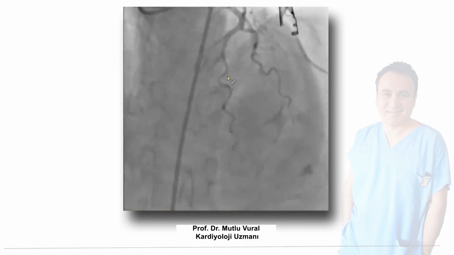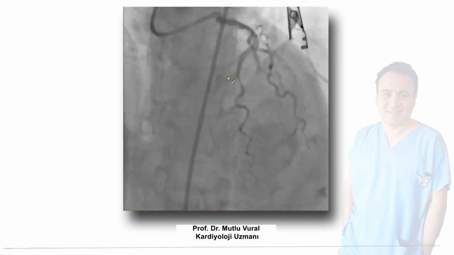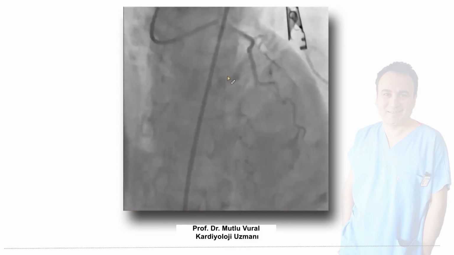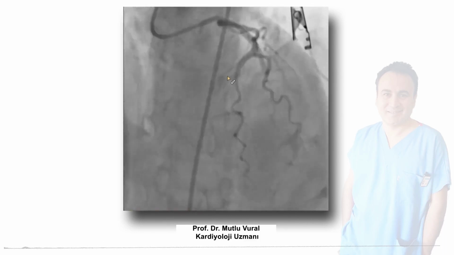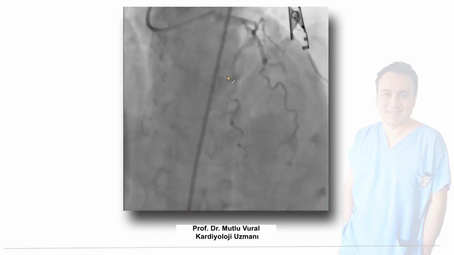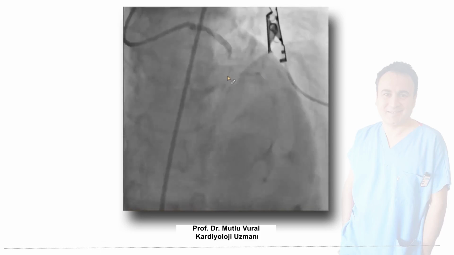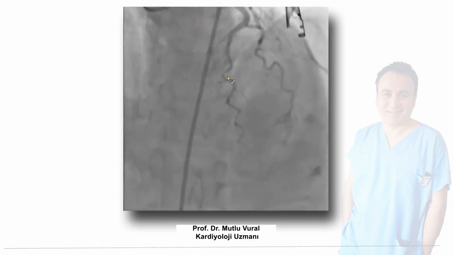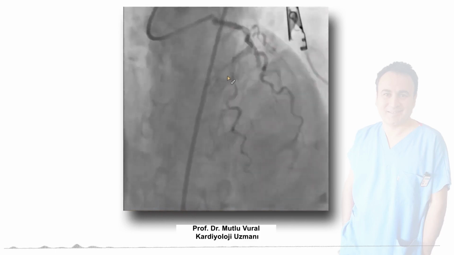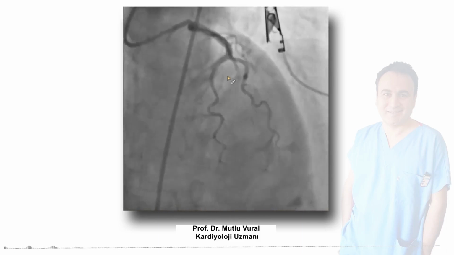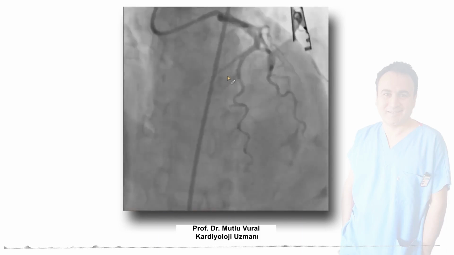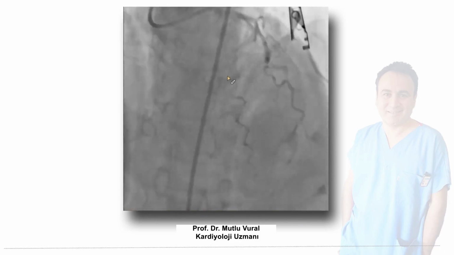We have a chance in this situation. We can redirect the wire into the OM branch and dilate stent struts, and we can put graft stent from circumflex to OM, and we might close the ruptured area as a side branch.